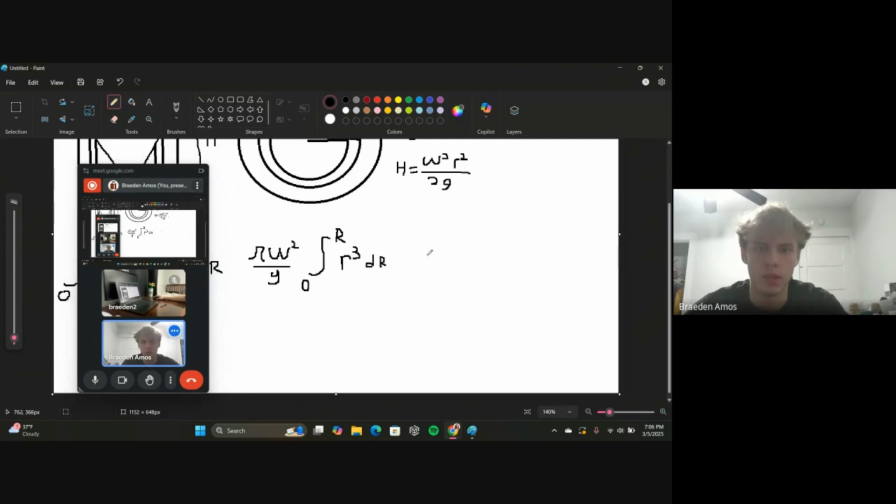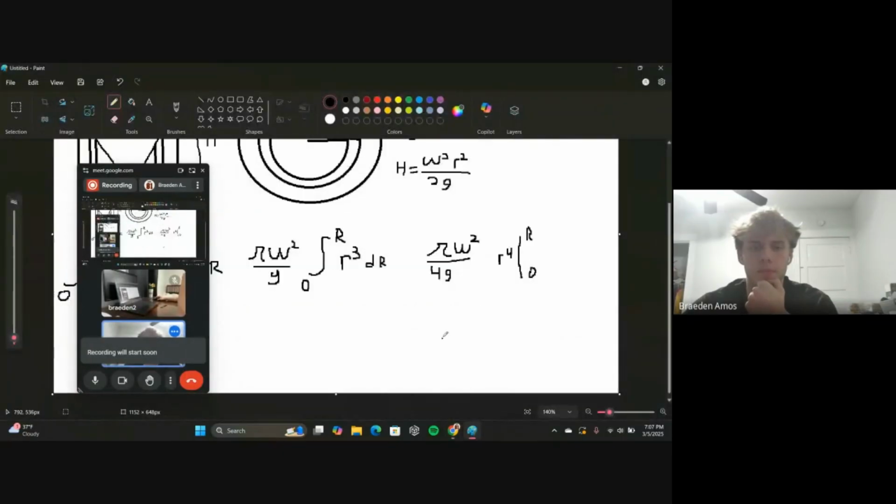So it'll be pi omega squared over 4g, and then r to the fourth from 0 to r.